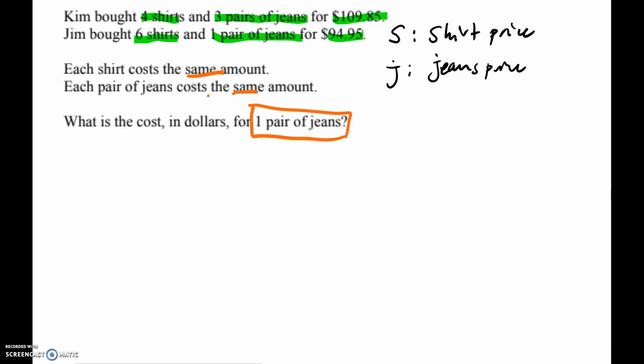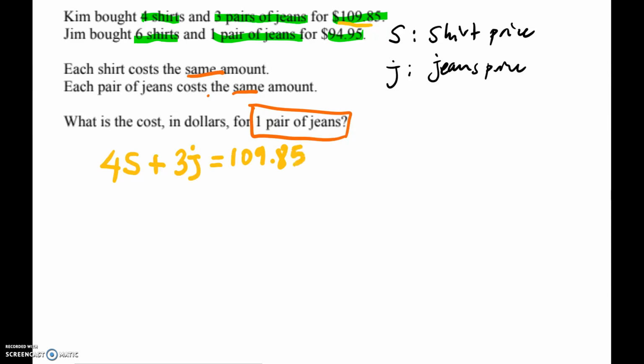So for 4 shirts, Kim is going to pay 4S dollars plus, for 3 pairs of jeans, she's going to pay 3 times J, 3J dollars, and the total was $109.85.